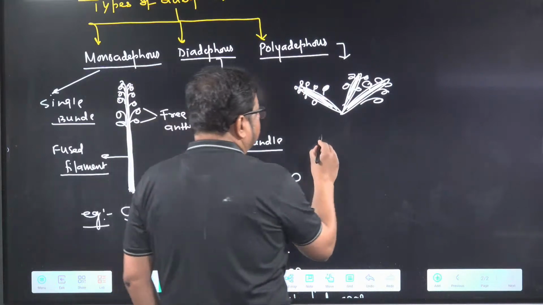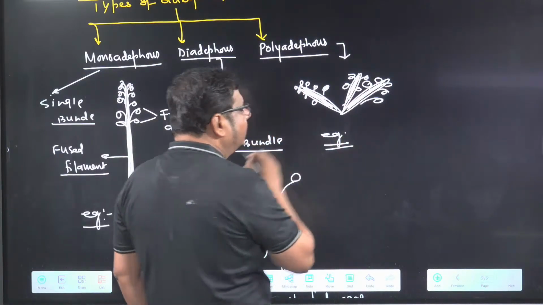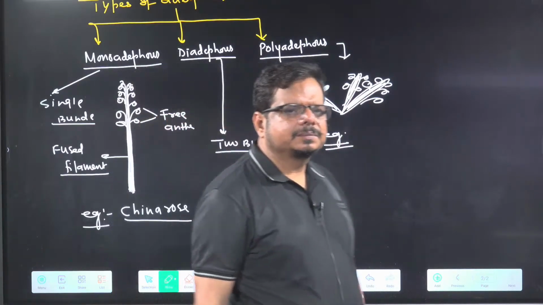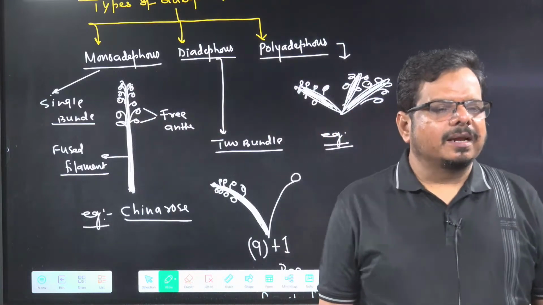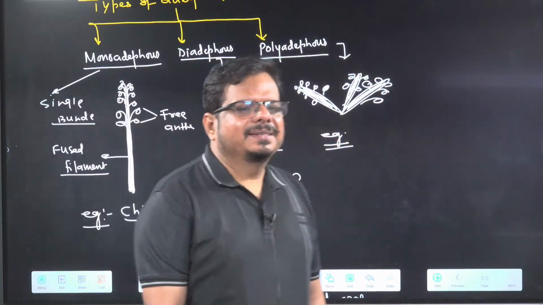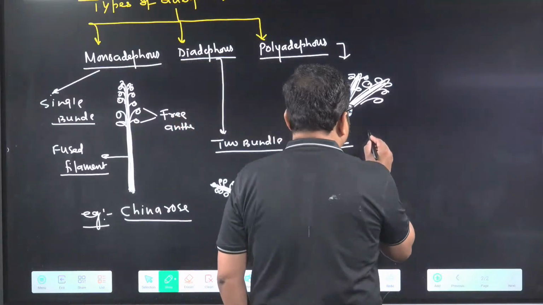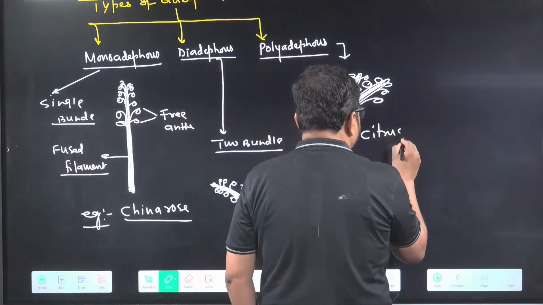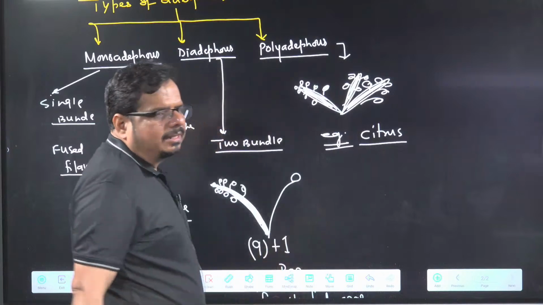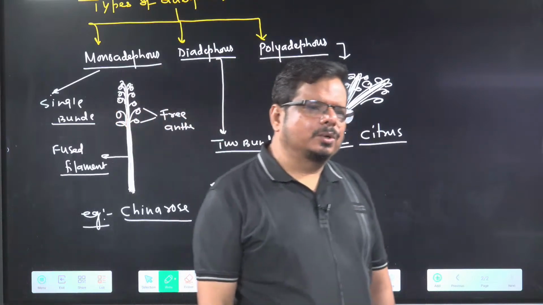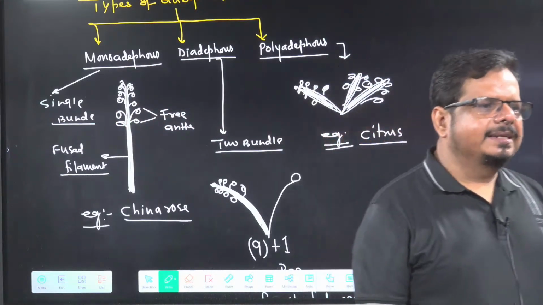Polyadelphous condition. And what example is mentioned in NCERT? Try to pin your answer fast. Very good. Citrus. Beautiful. So got the idea. 3 examples are there: China rose, pea and citrus.